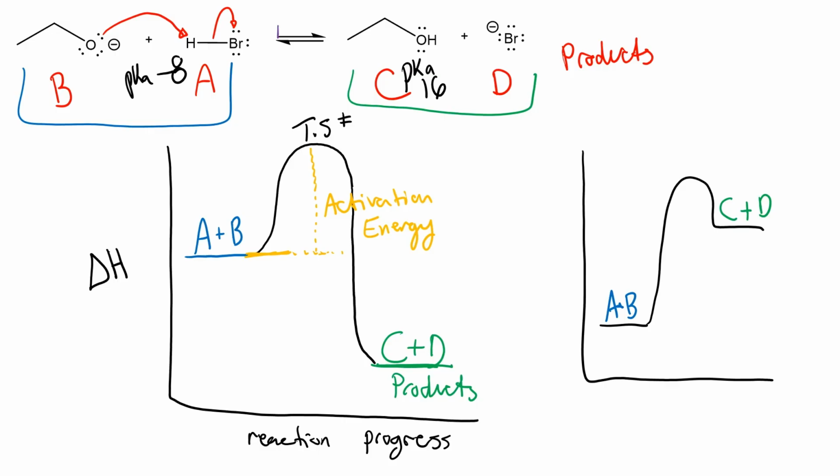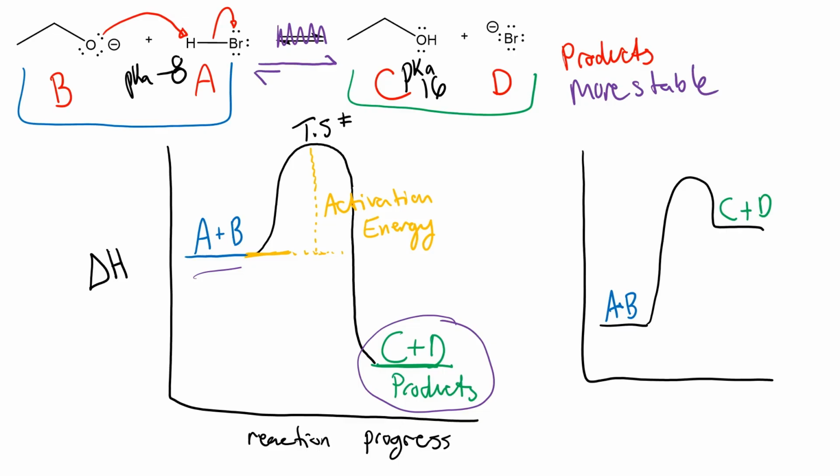So I'm going to erase this equilibrium arrow and draw an equilibrium arrow that looks like this. This is going to be product favored. The tendency towards the product side is going to be the weaker side. So the products are going to be the more stable, so we'd expect them to be lower in energy. The first graph I drew shows our products lower in energy than our reactants.